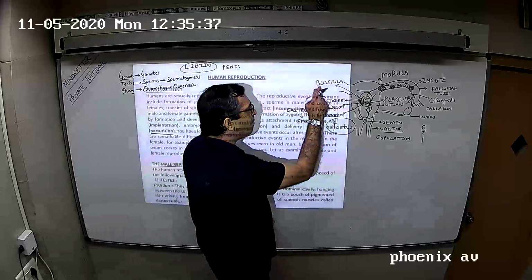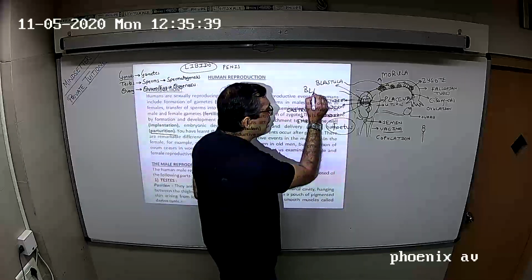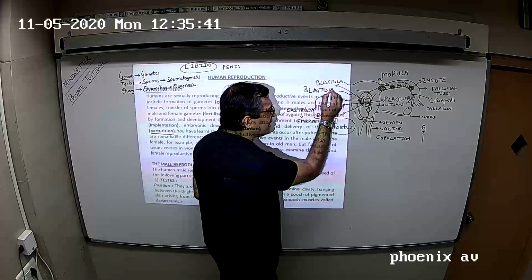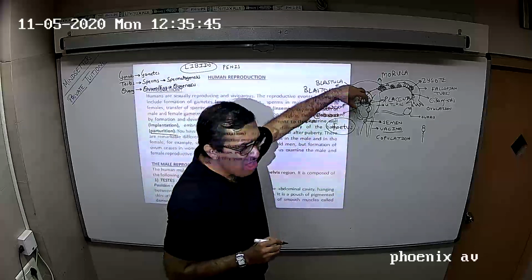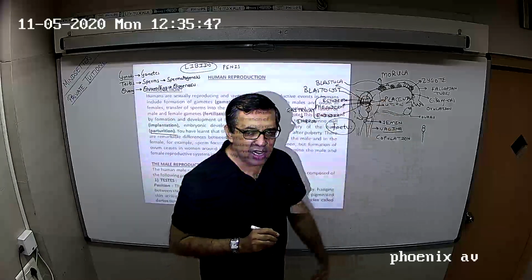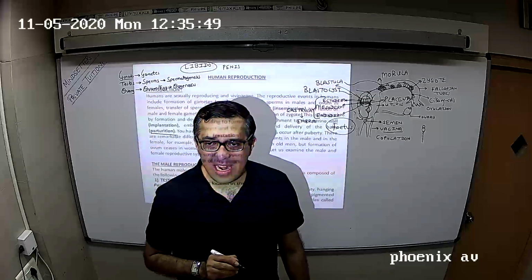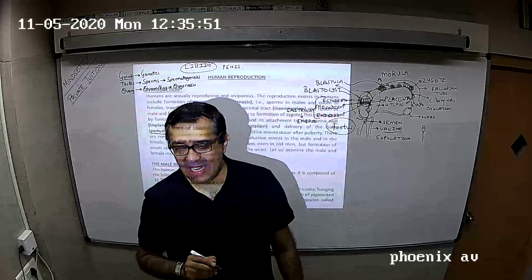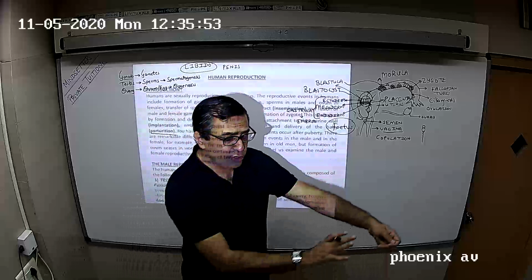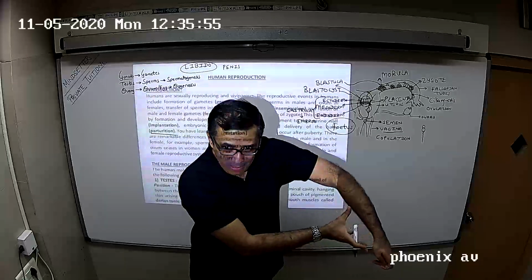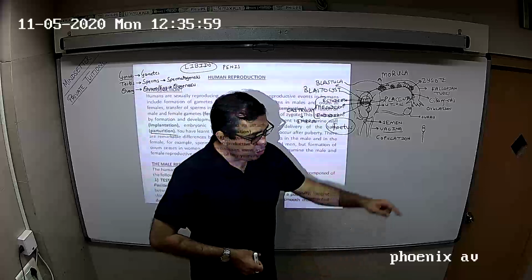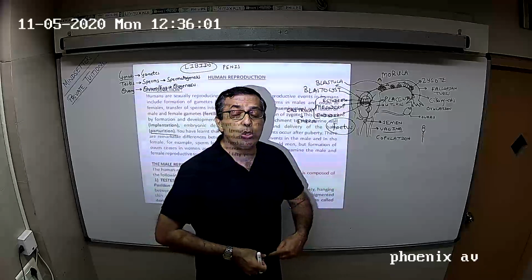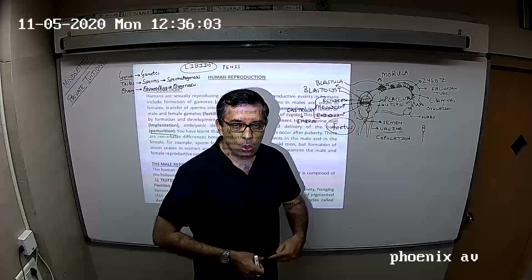The blastula, by the way, is also called the blastocyst. And this blastula or blastocyst fixes into the uterus, a phenomenon called implantation. It starts forming the bag called placenta and an umbilical cord which starts providing nourishment to the developing embryo.